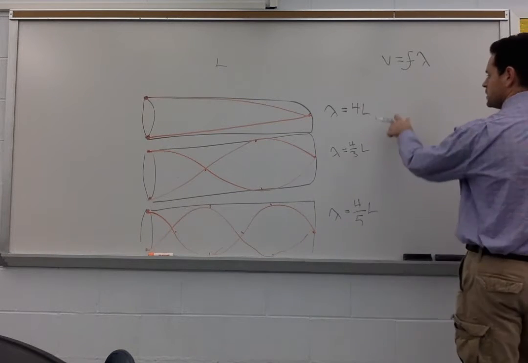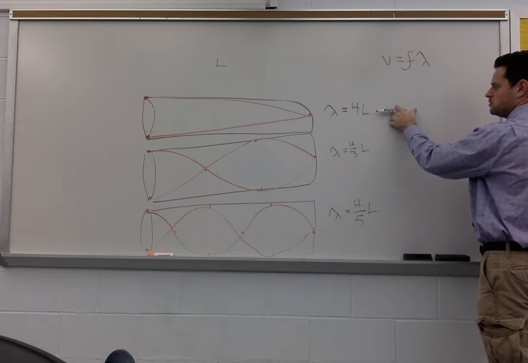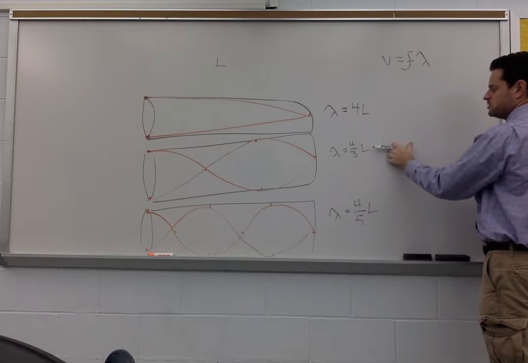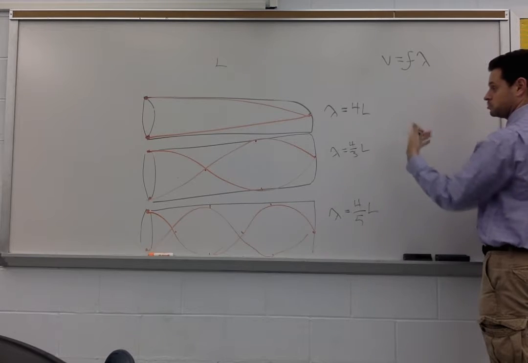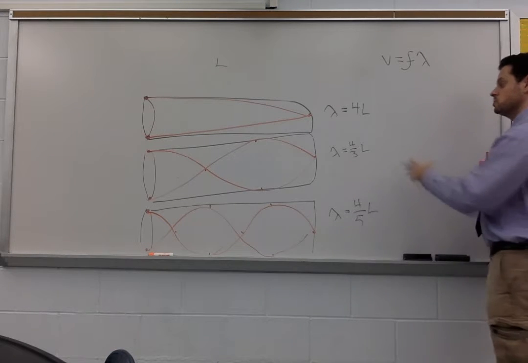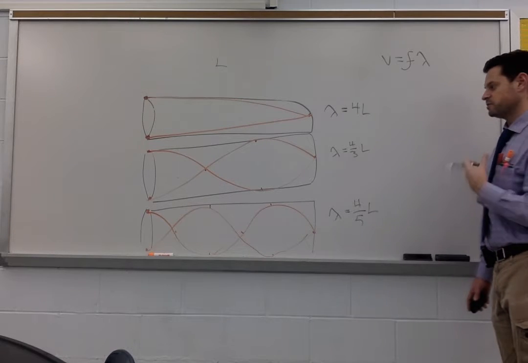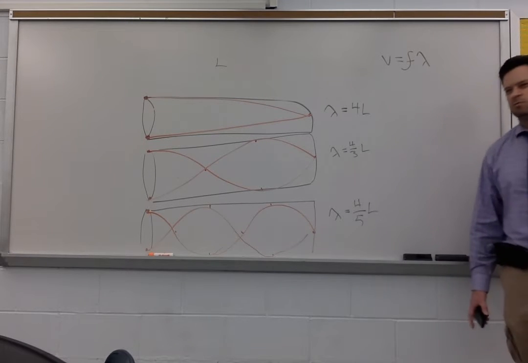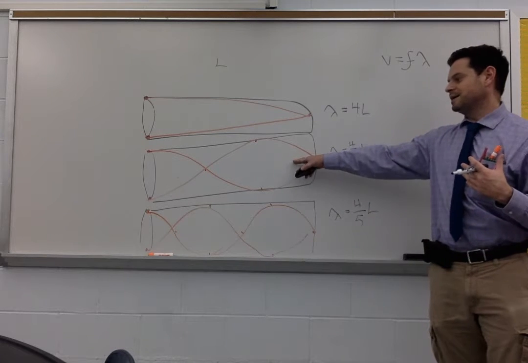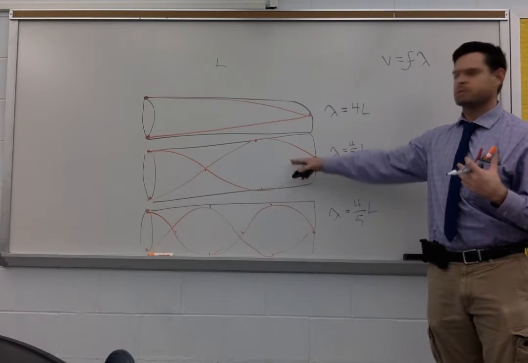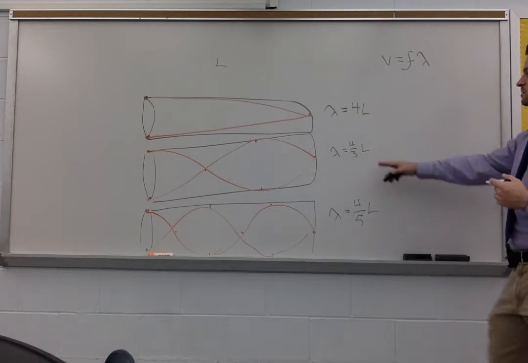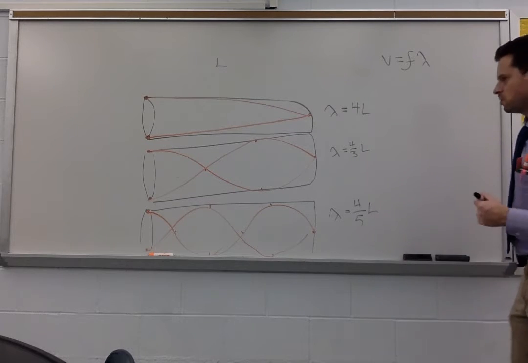We would find that the frequency of the second longest wave that can resonate on this tube is not double the frequency of the first. We find that it's 3 times. As a result, what we're determining here is that this is not the second harmonic. We wind up finding that this is the third harmonic and this is the fifth harmonic.